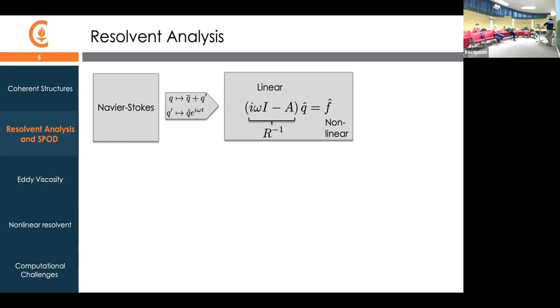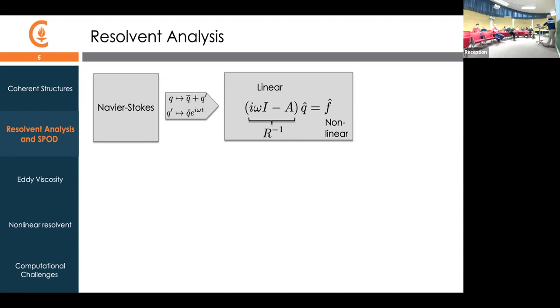It's discretized, as it will be when we compute these things. The Q actually also represents each degree of freedom of the discretized system, so the flow variables at every point in space. And then over on the right-hand side, we put all the other terms, which are essentially nonlinear terms.